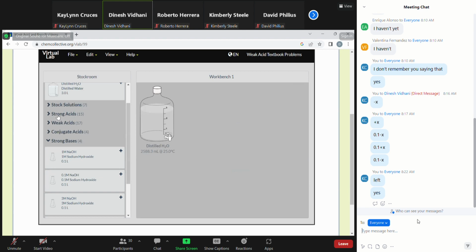Now, have you guys heard about acid-base titration before? Yes. Okay, now it is basically the means to know the concentration of your unknown acid or base.